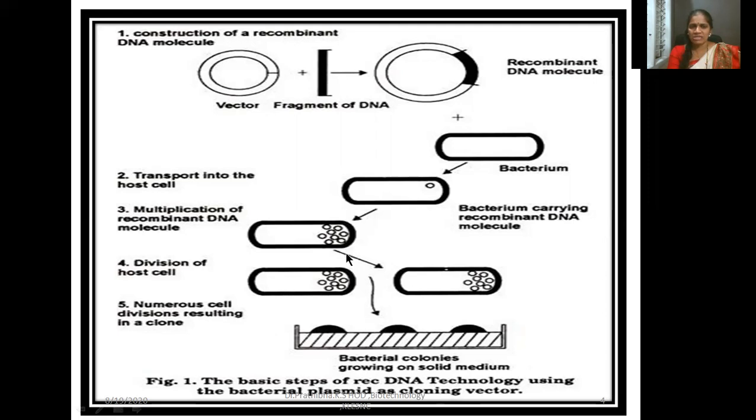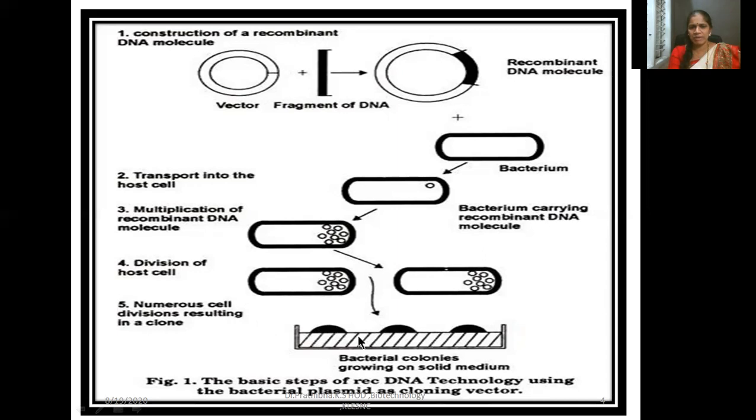Further, what happens here? Step 4, division of host cell. Division of host cells can be seen, then numerous cell divisions resulting in a clone. Due to the cell division, you can see the clone formation. How can we make out the formation of the clone? Because of the appearance of colonies on the culture plate.